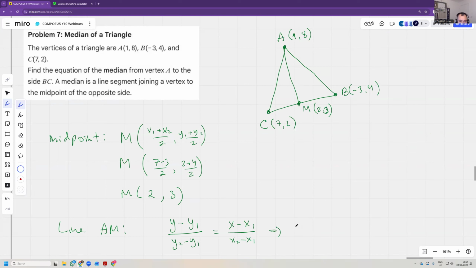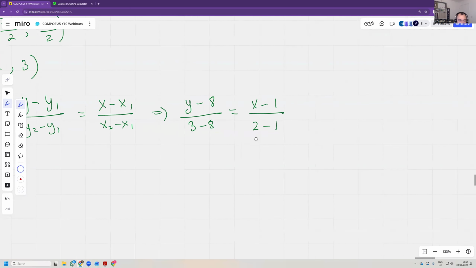So from here, it's y minus 8 divided by 3 minus 8 equals x minus 1 divided by 2 minus 1. So we have all we need. So we have y minus 8 over minus 5 equals x minus 1 over 1.